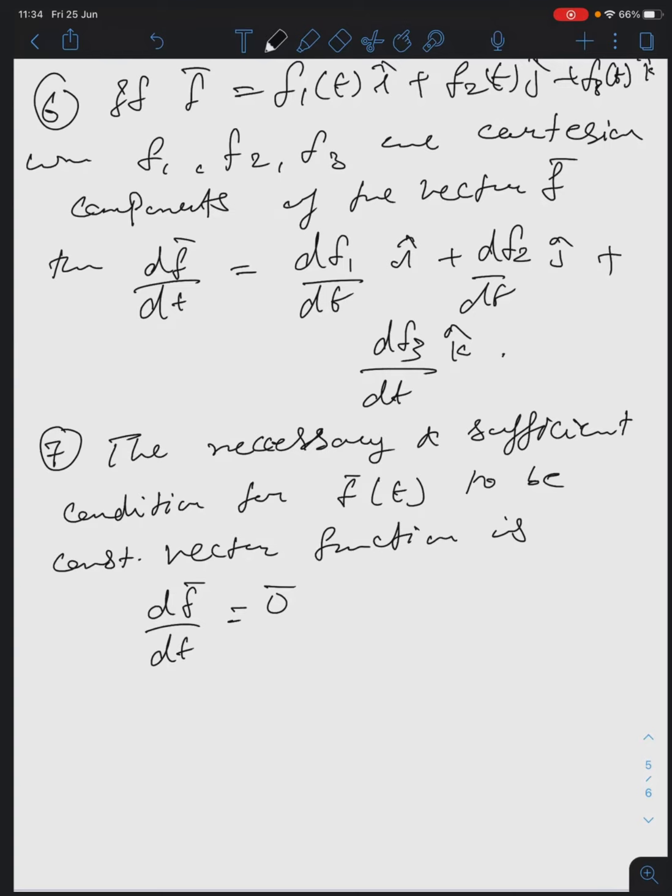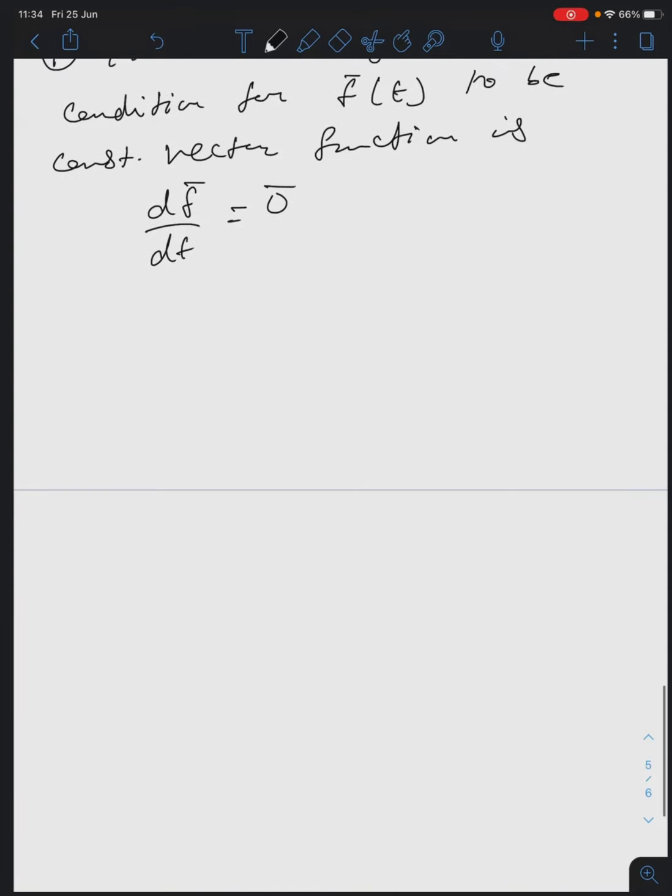So this is all about the ordinary differentiation, because the function f bar is just in one independent variable. Now again, the vector valued function can be a function of more than one real variable. So in that case you will have partial derivatives.